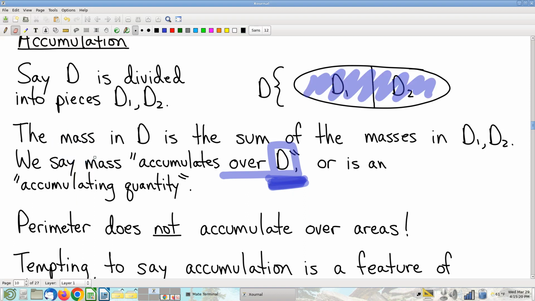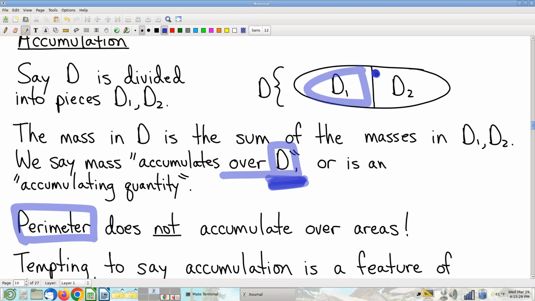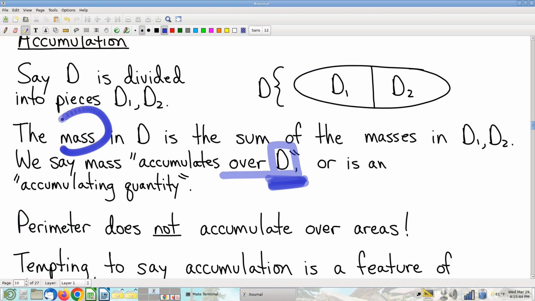So when I ask whether perimeter is a quantity that accumulates over the area, it's because I'm going to chop up the area into pieces. I am not chopping up the boundary curve into pieces. That's just not what the argument is about. So anytime you have an accumulating quantity, you associate it to the area.